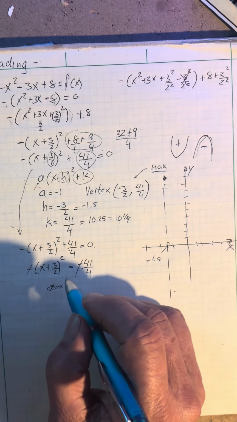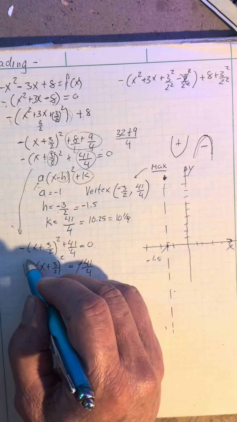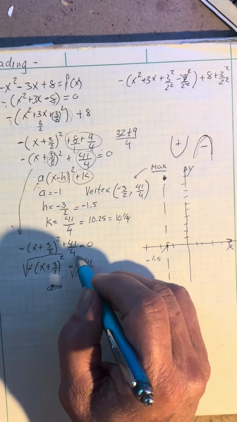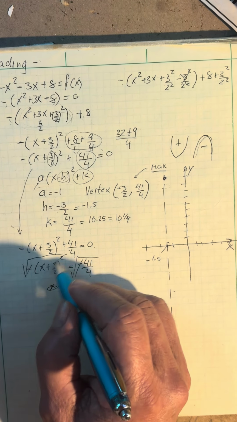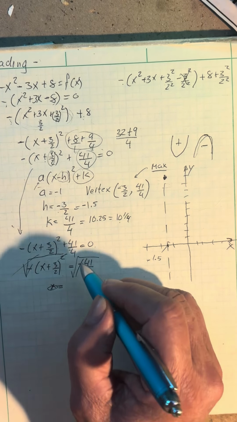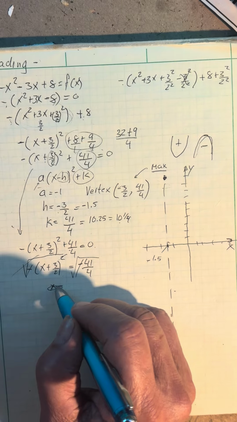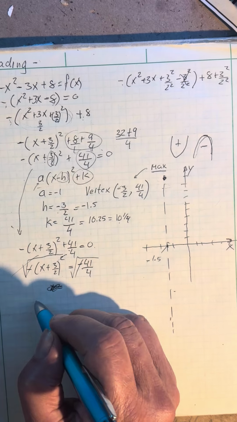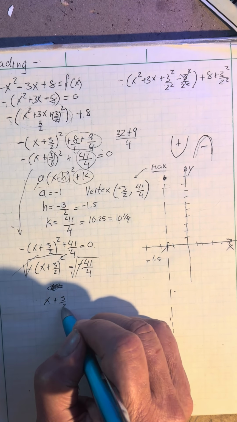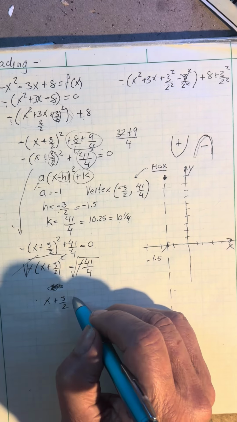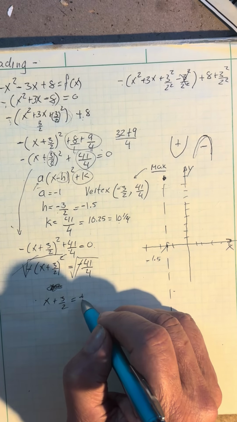First of all, we have to take the square root of both sides, and so this cancels. Then we write it down here: x plus 3 halves equals plus or minus.